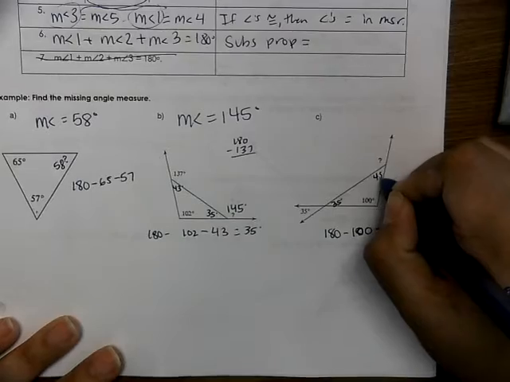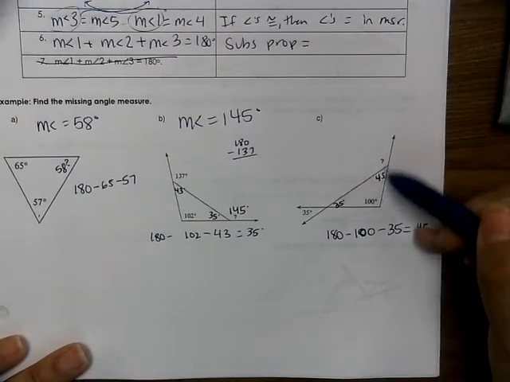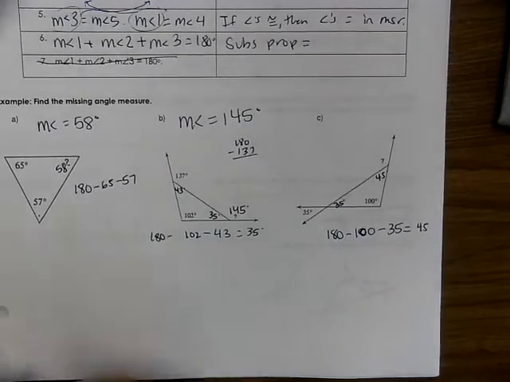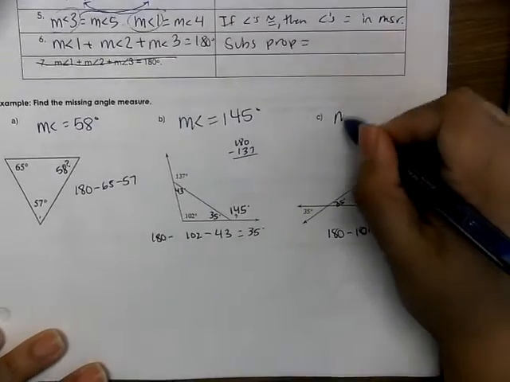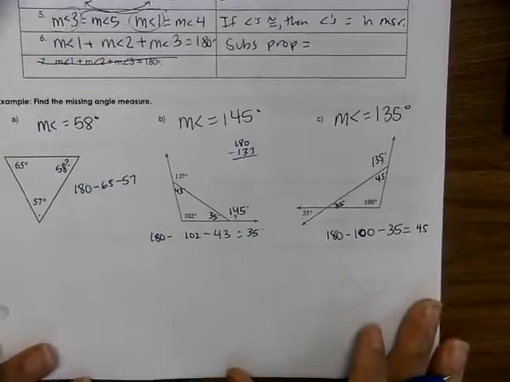So this angle is 45 degrees. Again, that's not the final answer. You need its supplement because it's a linear pair. So you want to do 180 minus 45 to get that this one here is 135. So final answer on this is measure of angle equals 135 degrees.